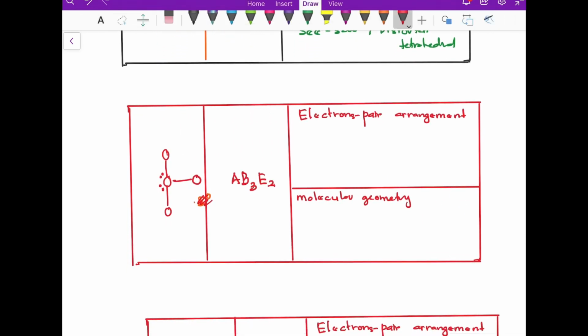The total is still 5, so the electron pair arrangement is trigonal bipyramidal. But due to the repulsion, the molecular geometry becomes T-shape. As you can see, there is a T shape there, with the bond angle also less than 90 degrees.